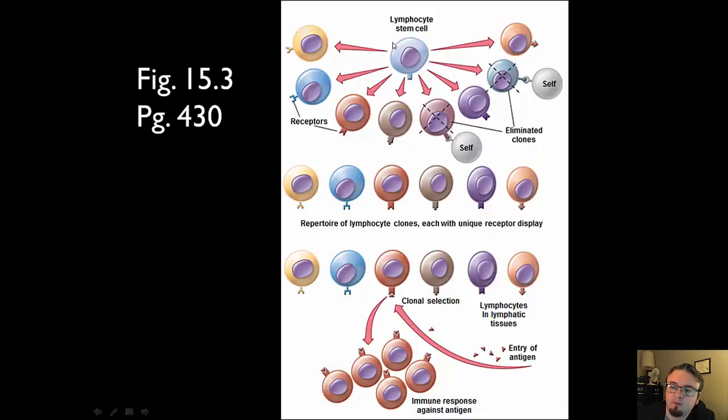At some point when you're generating random lymphocyte receptors, you're going to inadvertently create a particular receptor that will target the self. And what that basically means is you've made a receptor with an interaction with your body's own proteins. Now, that's a problem because that lymphocyte doesn't know the difference between your tissues, your own proteins, and a foreign one. It just knows how to react based on the lock and key specificity that it possesses.